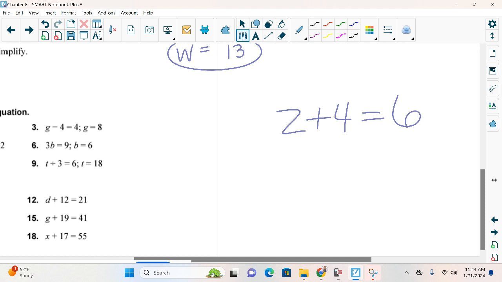Z plus 4 equals 6. And you're going to follow those steps. Chop it, box it, do the opposite.